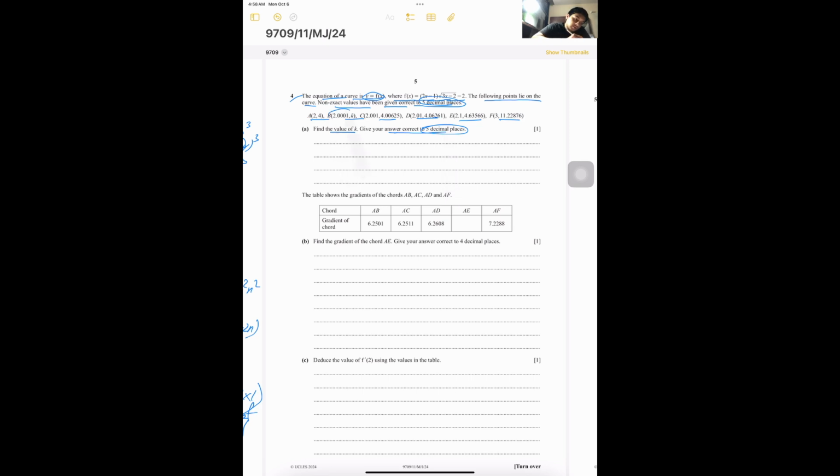So we place x equal to this in our main equation, and we find k.